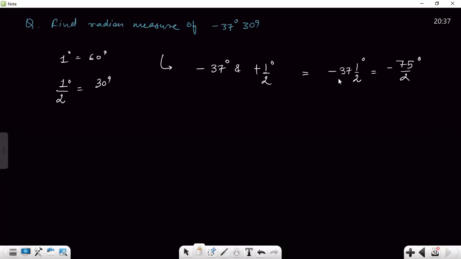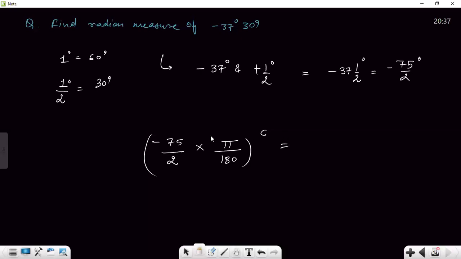Yes. So when we have to convert any given degree into radian, first of all we multiply it by pi and divide it by 180 to make it into radians. Now this has been converted into radian.